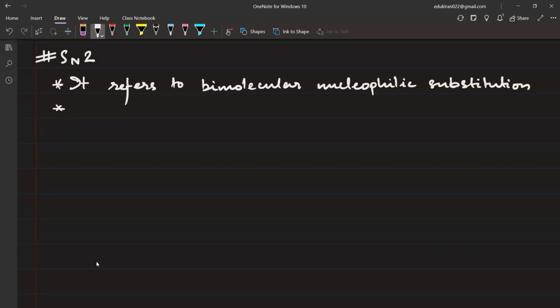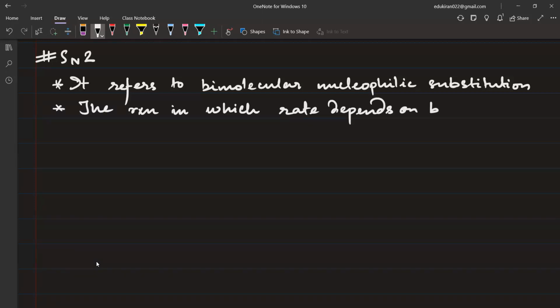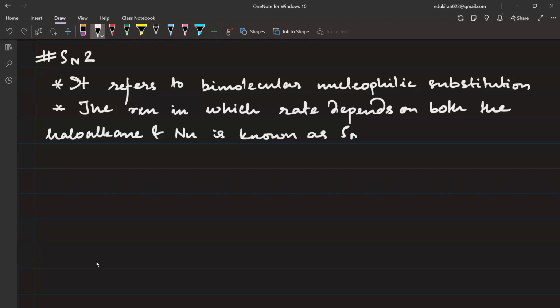The reaction in which the rate depends on both the haloalkane and the nucleophile is known as SN2.